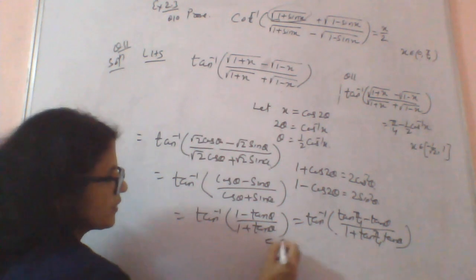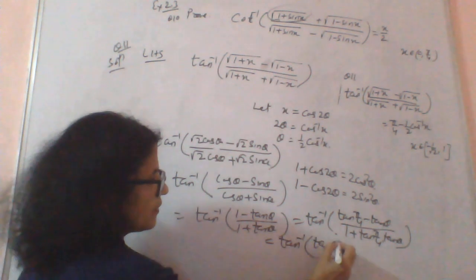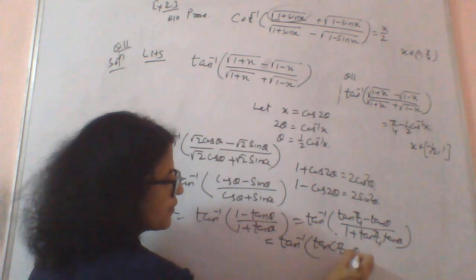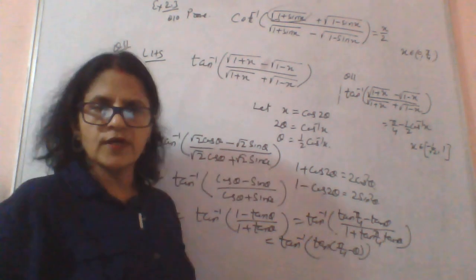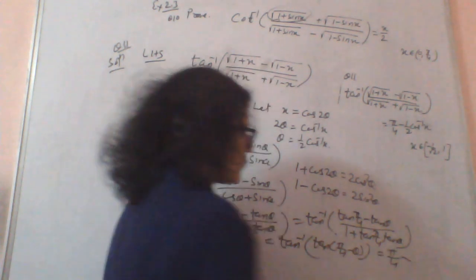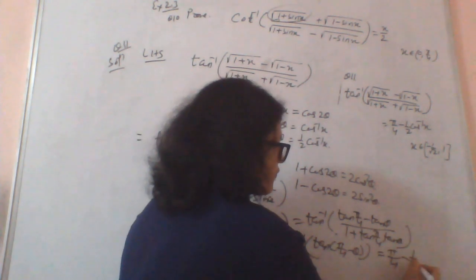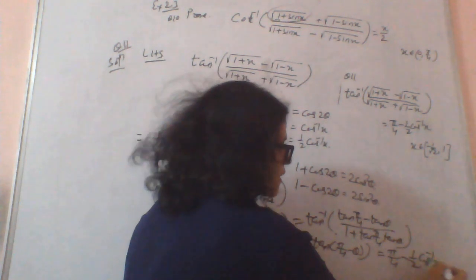So you are getting here tan inverse of tan of pi by 4 minus theta, which is equal to pi by 4 minus theta. Minus theta means it is minus of half cos inverse x.